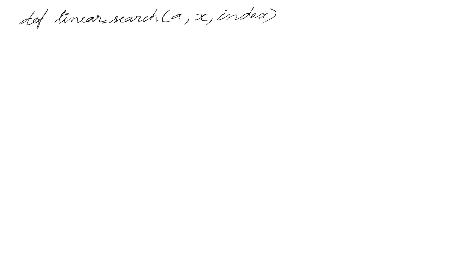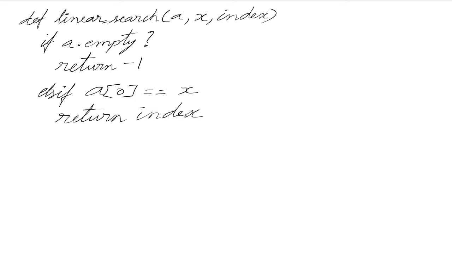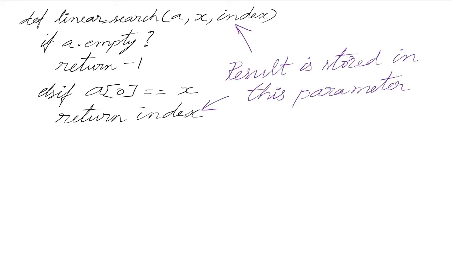So we have A, x, and index. And if the list is empty, we return -1. If the element is found in the first position of the list, we return the index value. The result is stored in this index parameter.